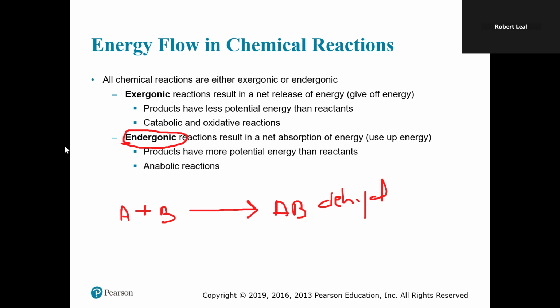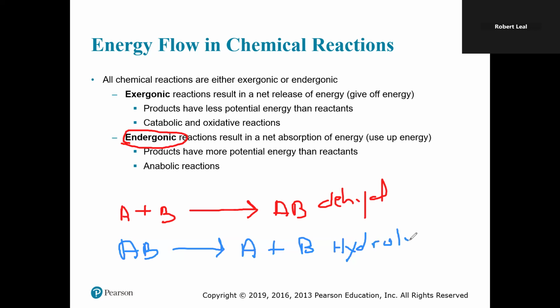All right, let's do the opposite scenario. Let's say in this case it's now reactant AB, and I want to break it down into products, single units A and B. So breaking something like this down, I know it's catabolic, but I want to focus on it as a hydrolysis reaction.